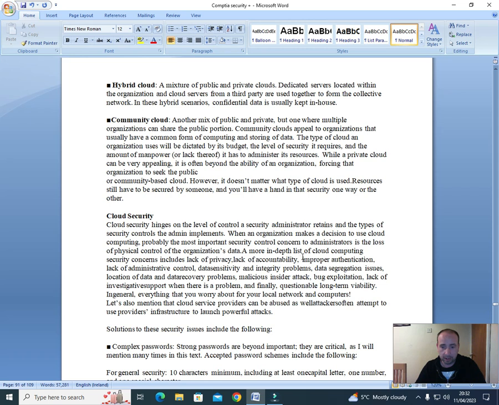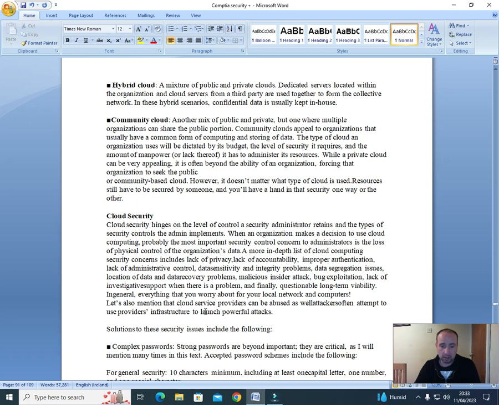A more in-depth list of cloud computing security concerns includes lack of privacy, lack of accountability, proper authentication, lack of administrative control, data sensitivity and integrity problems, data segregation issues, location of data, recovery problems, malicious insider attack, bug exploitation, lack of investigative support when there is a problem, and finally questionable long-term viability. In general, everything that you would worry about for your local network and computers.